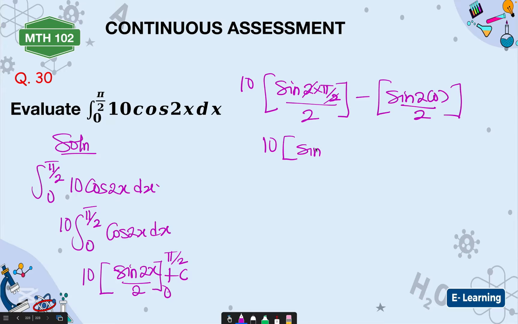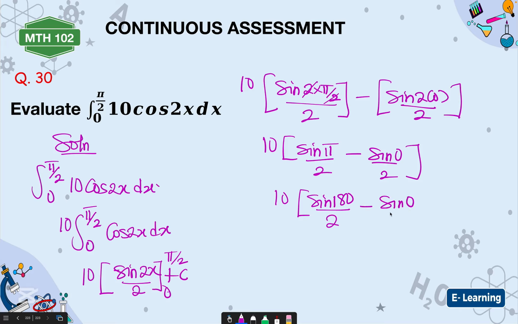Sine pi over 2 minus sine 0 over 2. Now, this is sine pi. 1 pi radian is 180 degrees. So wherever you see pi, put 180, divided by sine 0 divided by 2.